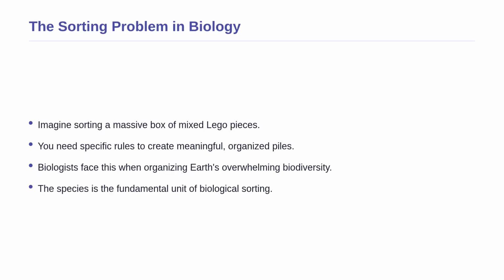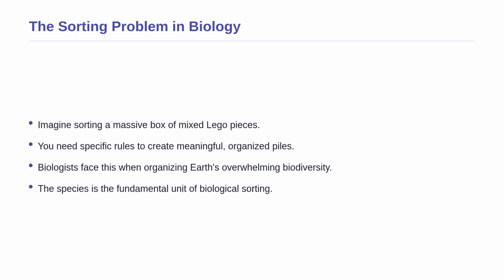To begin, I want you to imagine that you are given a massive box of mixed Lego pieces and asked to sort them into meaningful piles. You might choose to sort them by color, by size, or by the specific structures they can build. In nature, biologists face a very similar problem when looking at the overwhelming variety of living creatures on Earth.